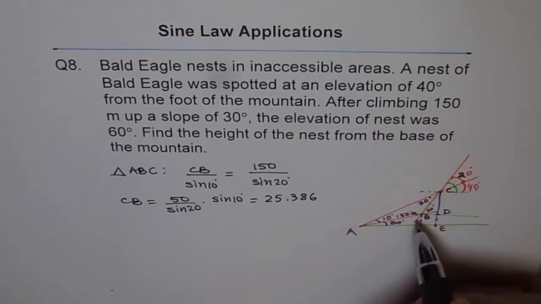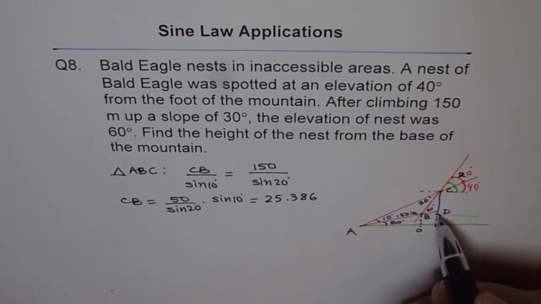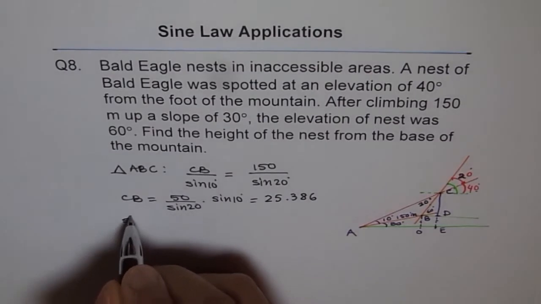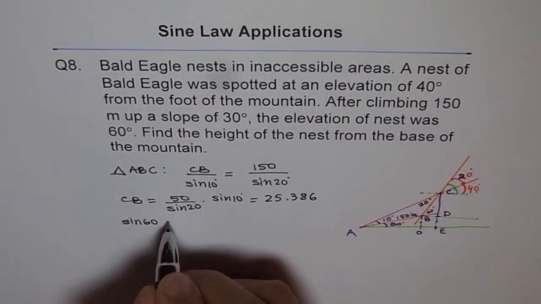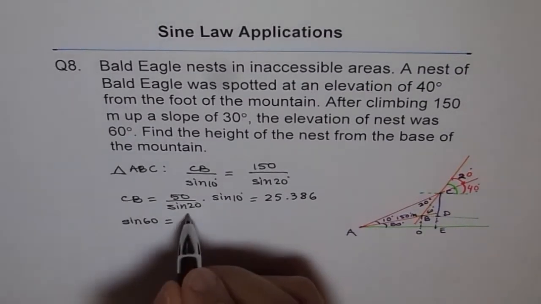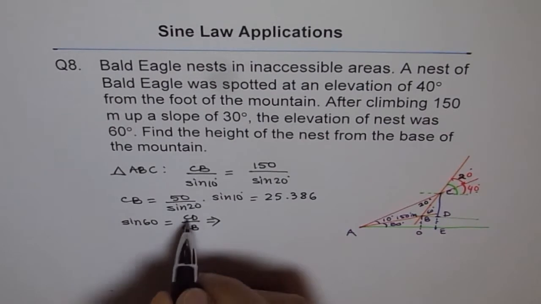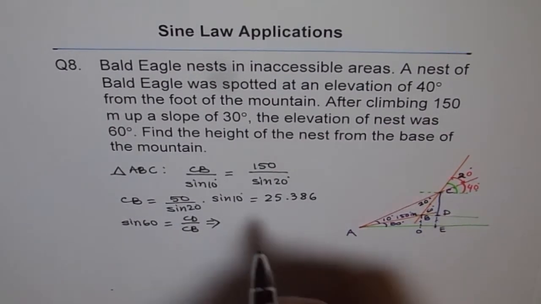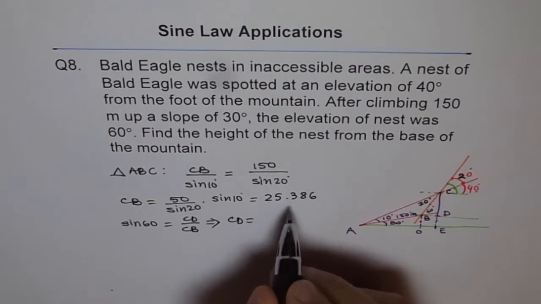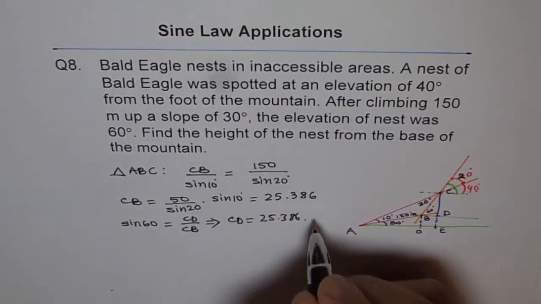Now once we know CB, and that is 60 degrees, we can find CD using sine theta, correct? So sine of 60 degrees is equal to CD over CB. That implies that CD, this height, CD is equal to CB, which is 25.386, times sine 60, right?